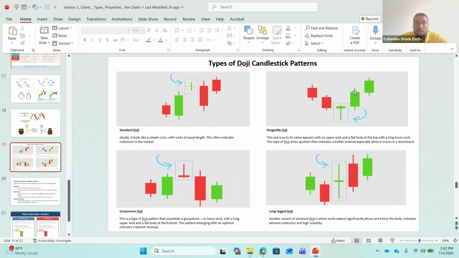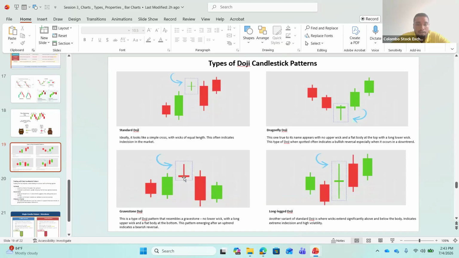So these are called bullish and bearish reversals. Here you might see a bearish reversal after you spot this on a chart, and here it could be a bullish reversal.